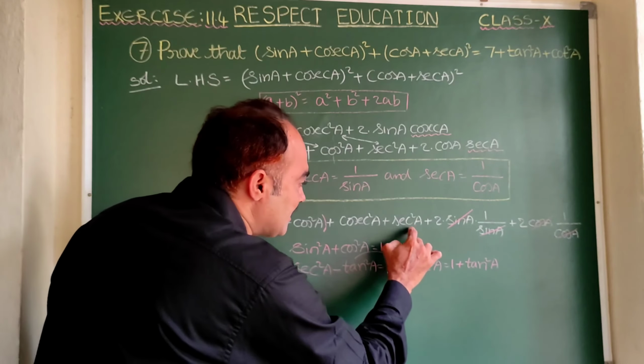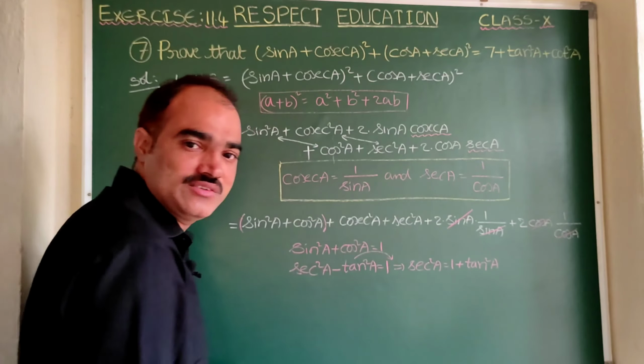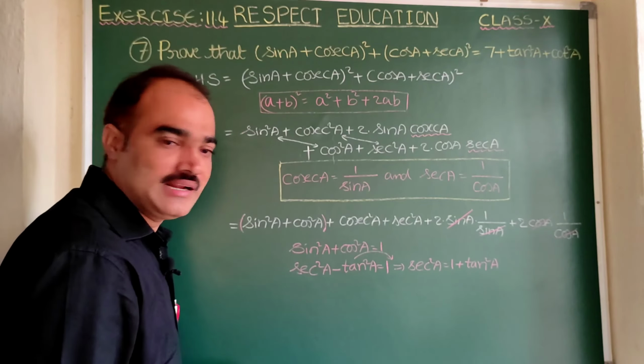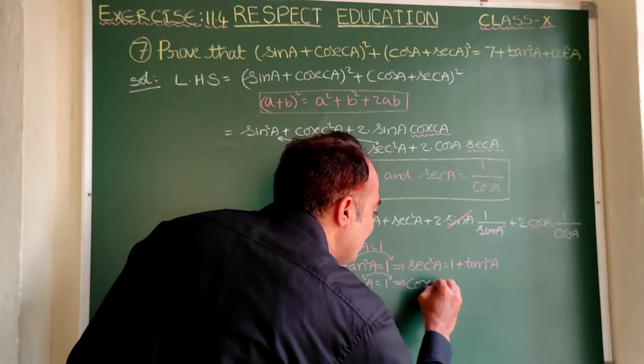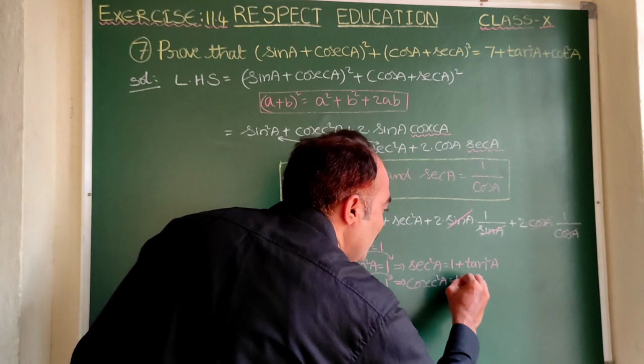And one more trigonometric identity, cosecant square a minus cot square a is equal to 1. Here we have cosecant square a, but we need it in terms of cot square a. So let us send cot square a to the right side. Then cosecant square a is equal to 1 plus cot square a.